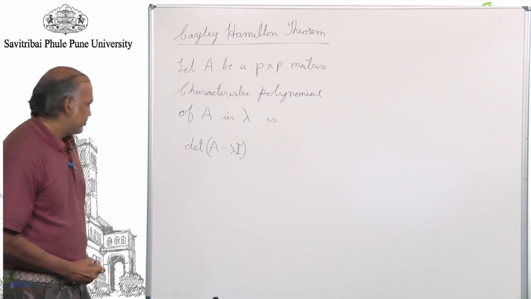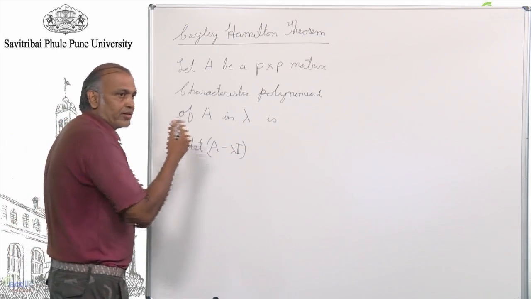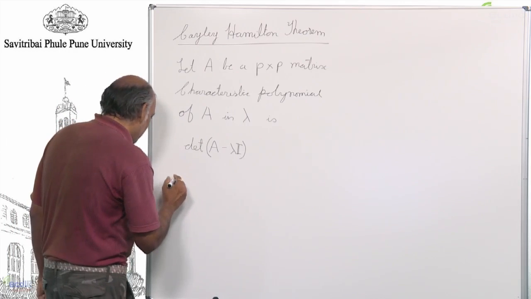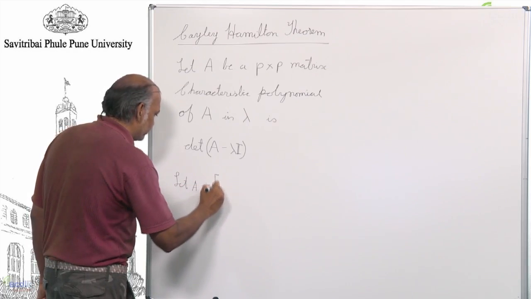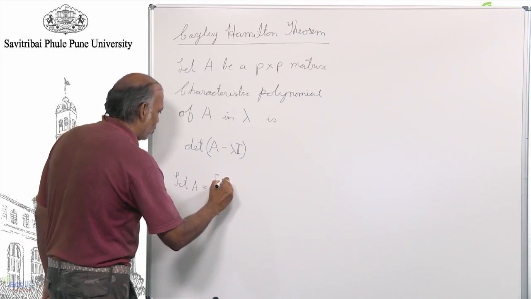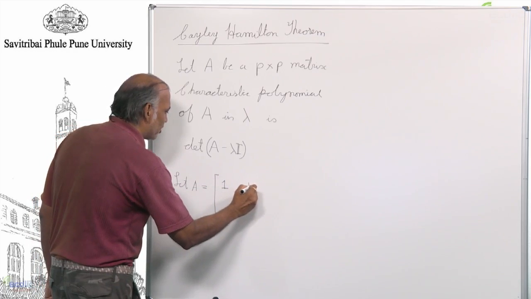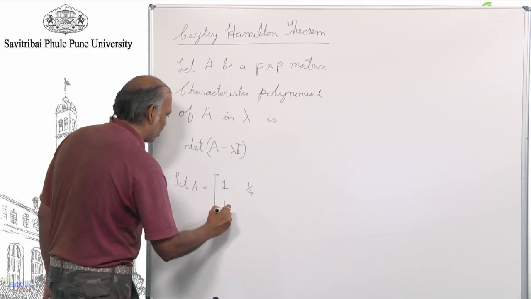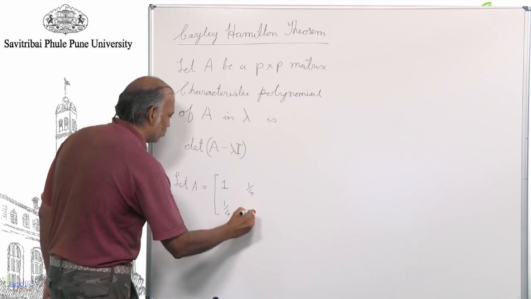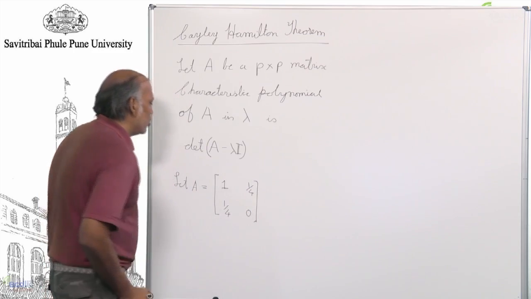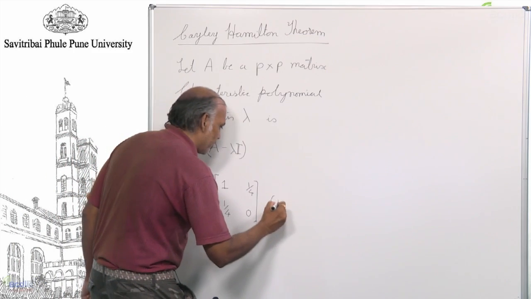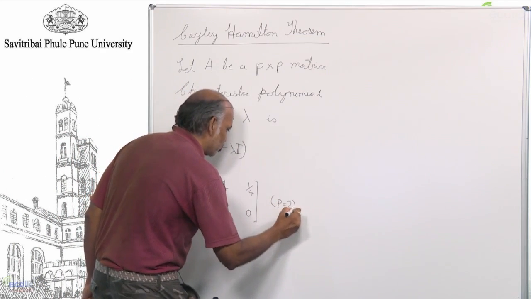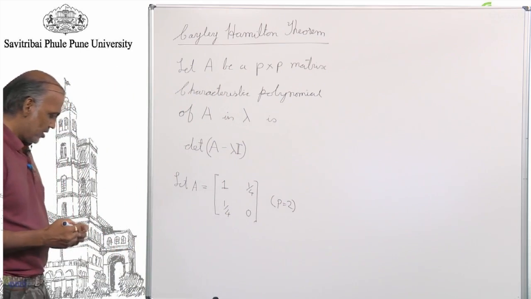Let us see an example of a characteristic polynomial of a matrix A. So let A be equal to 1, 1 upon 4, 1 upon 4, 0. So here A is a P by P matrix where P is 2. So this is a 2 by 2 matrix.